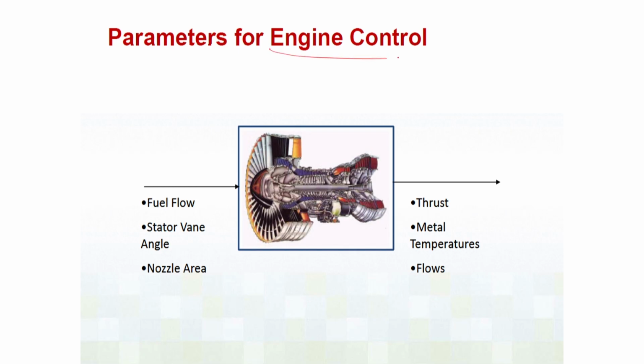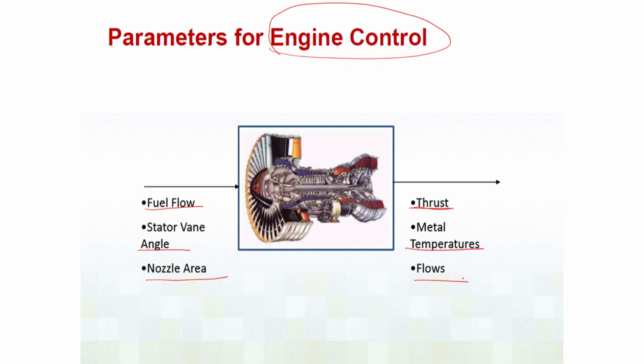For example, engine control is a very classical field where all these types of controllers can be applied. There can be many parameters here. For example, you can have input parameters like fuel flow, which is directly interlinked with the thrust that you are generating, the stator vane angle, the metal temperatures, nozzle area and the flows.